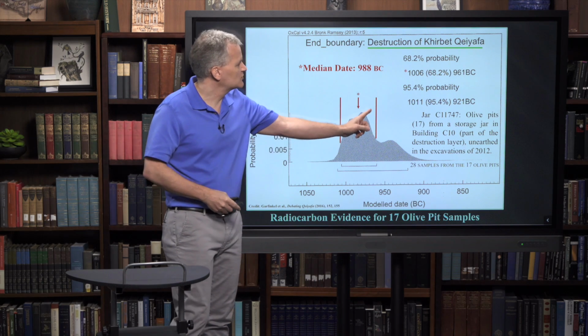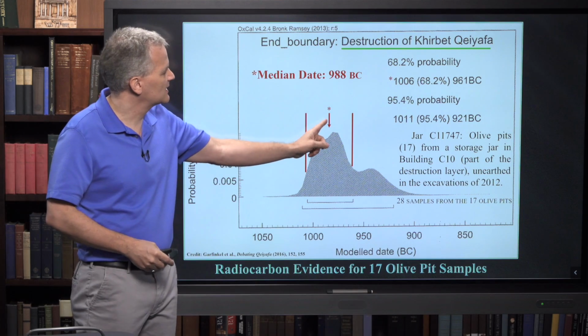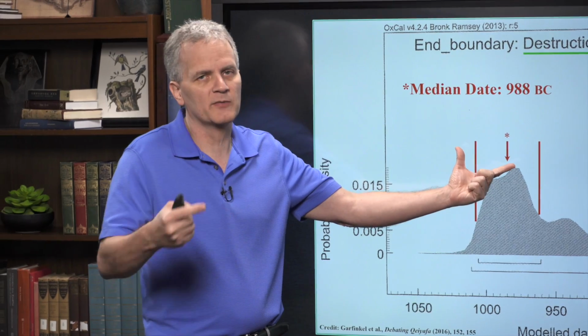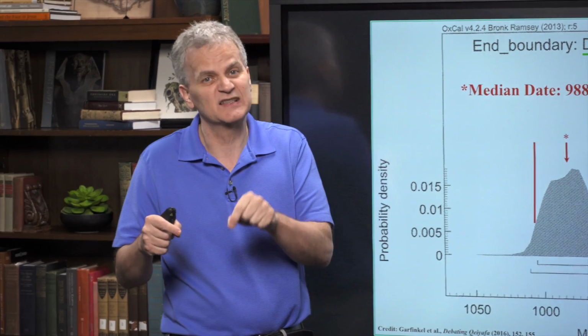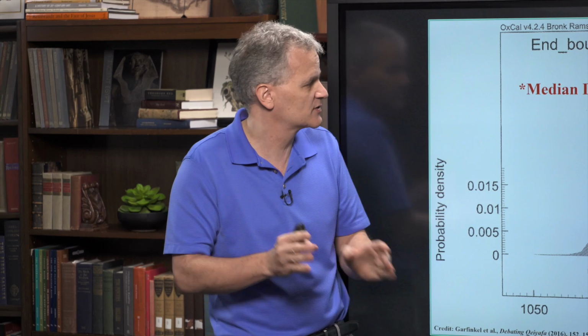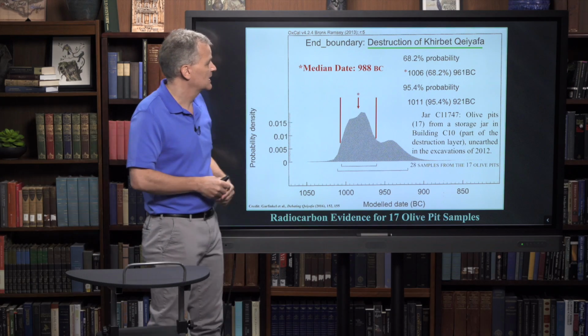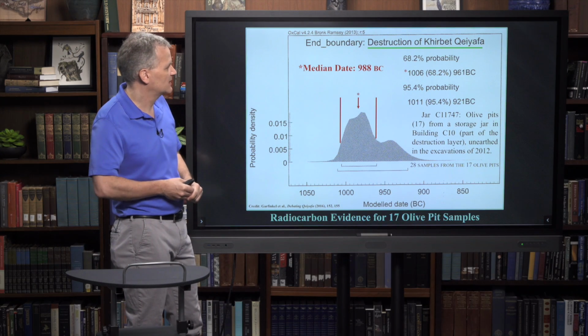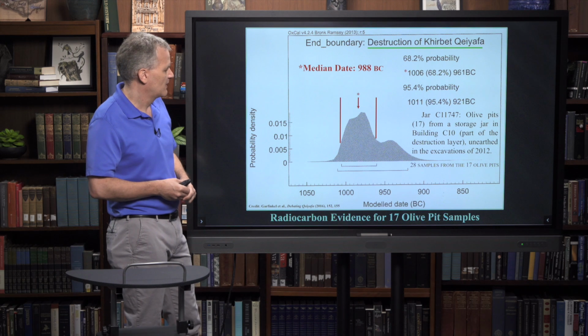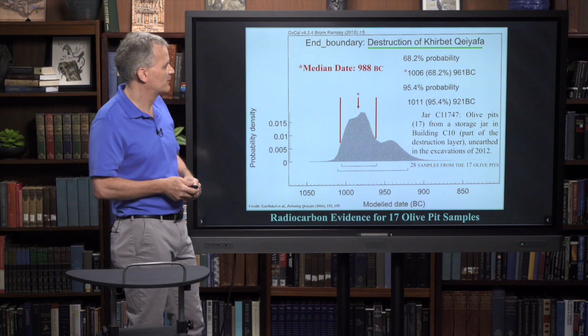So the range is here, and radiocarbon evidence doesn't provide a specific single date, it provides a range of years. And the median date for this is 988 BC, and this is with a fairly high degree of probability.